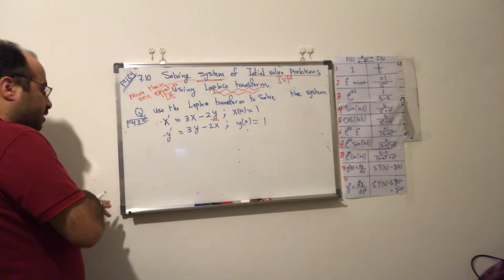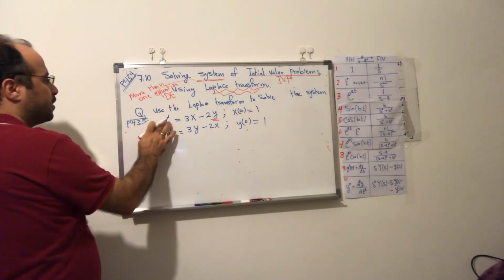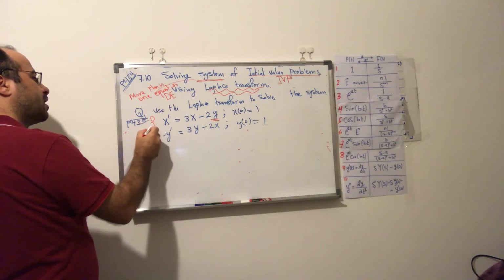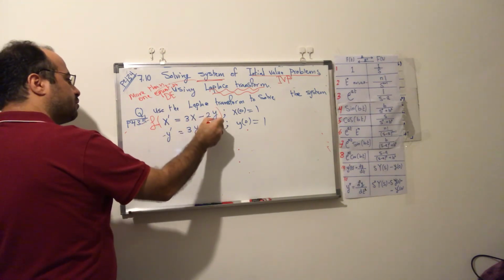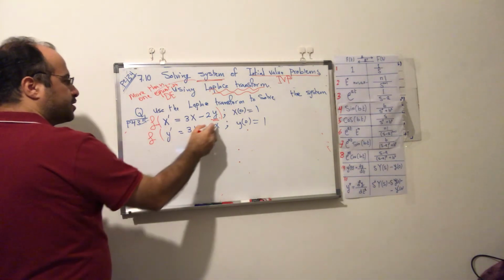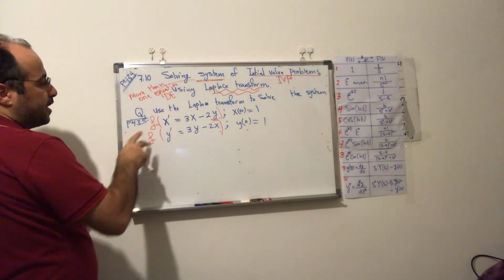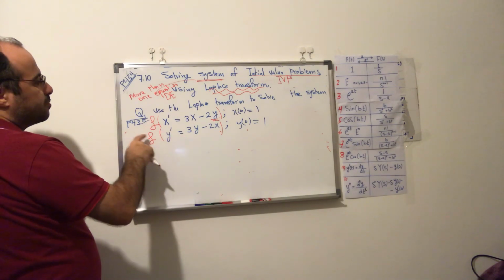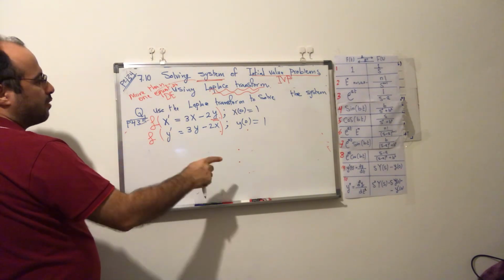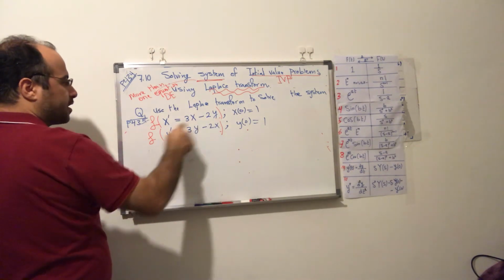To solve this, I will take the Laplace transform of each of the two equations. Then I will change this system to a system of algebraic equations. So I will go back to linear algebra after this step.